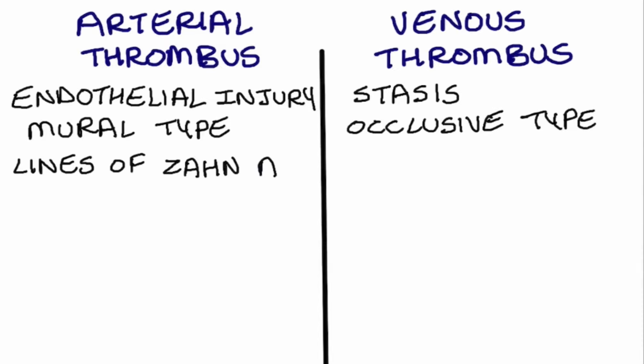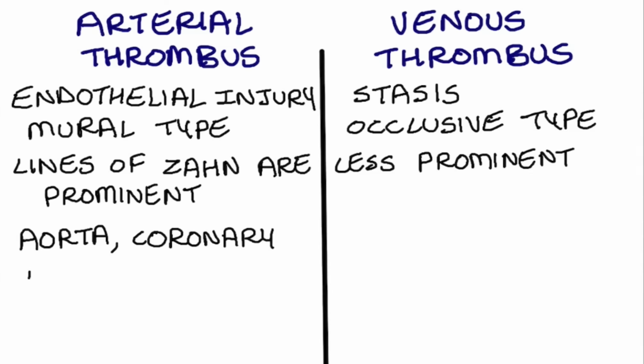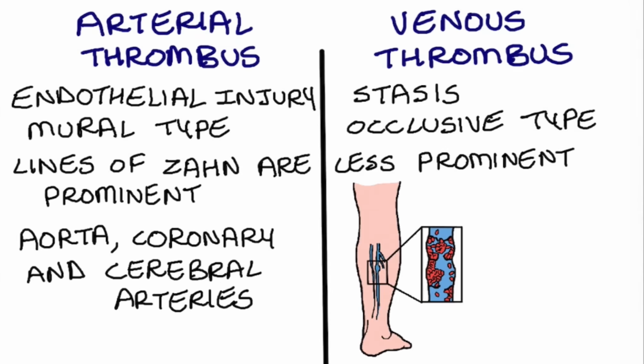Lines of Zahn are prominent in arterial thrombus and they are less prominent in venous thrombus. The common sites are aorta, coronary and cerebral arteries in case of arterial thrombus, and deep veins of leg are common sites for venous thrombus formation.